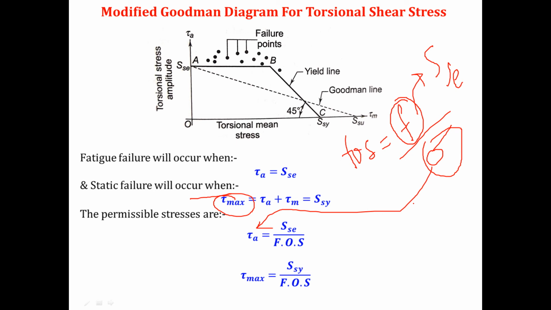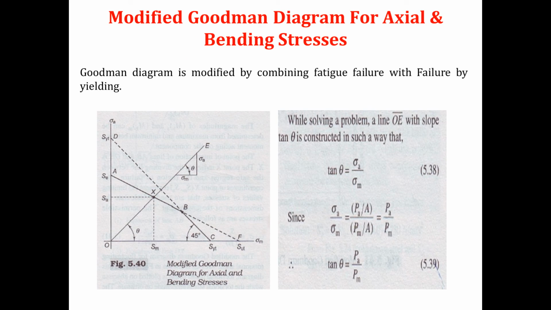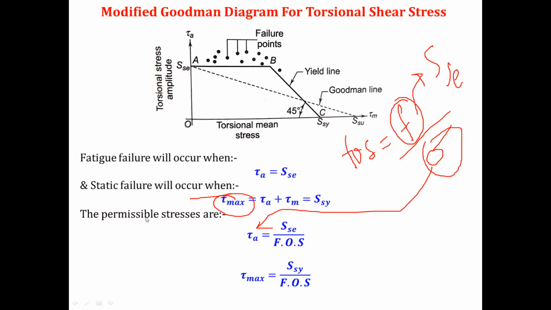So what I will do is that in today's class, I will solve one problem related to your modified Goodman diagram as well as the Gerber diagram. In the Bhandari book, I think an example is given; solve that same problem by this modified Goodman diagram for torsional shear stress also.